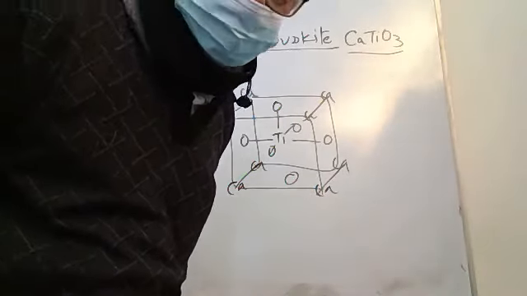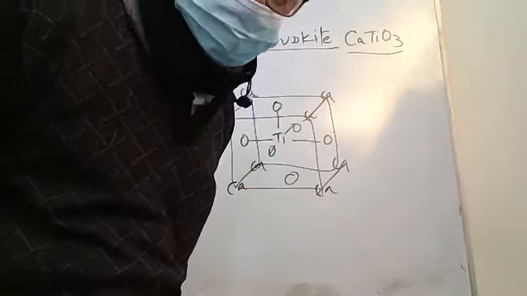That's also the same structure, just a different representation. If you take the previous structure and move all the atoms by 1/2, 1/2, 1/2 in 3 dimensions, we end up with this. They're identical structures. Some people like to look at perovskite this way, some in the way I described previously. Both are identical.